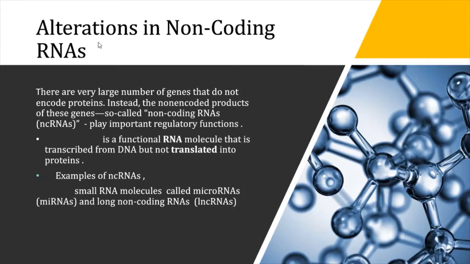Now we'll move to alterations in non-coding RNAs. Non-coding RNAs are called so because they do not produce any proteins, and they have important regulatory functions. Examples of non-coding RNAs are small RNA molecules called microRNAs, and long non-coding RNAs also come in this category.